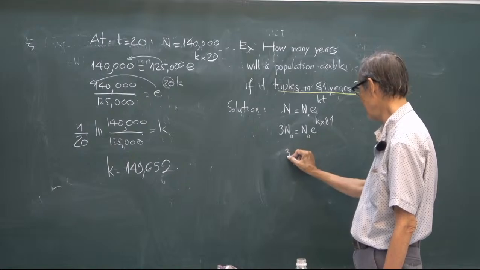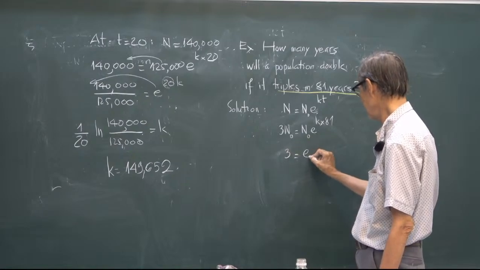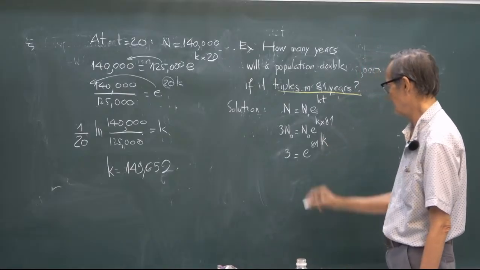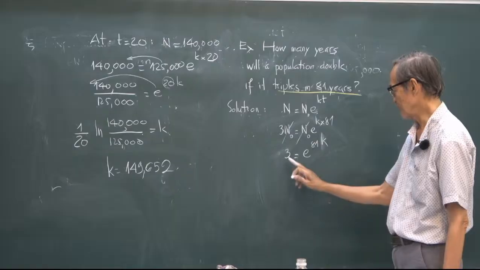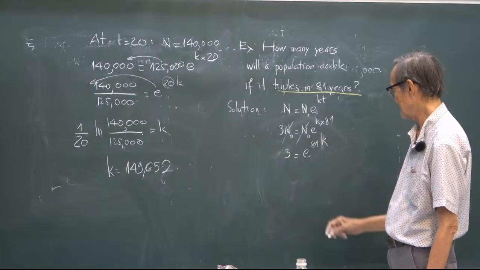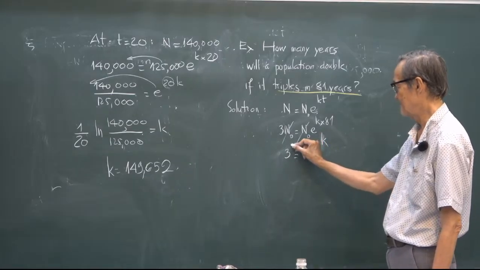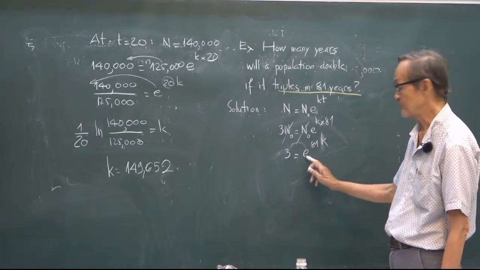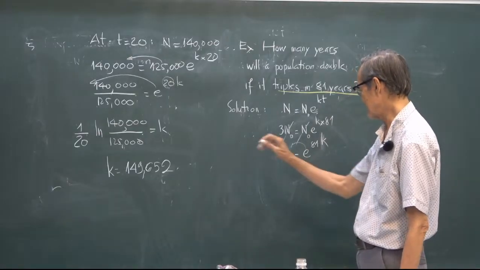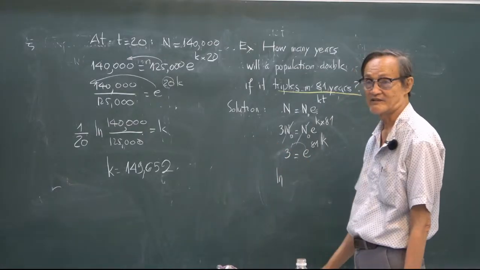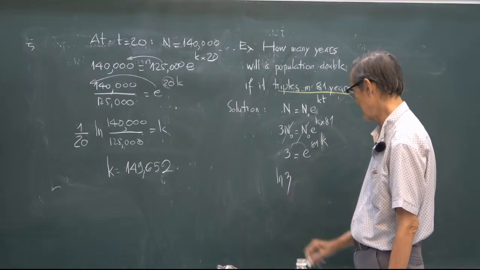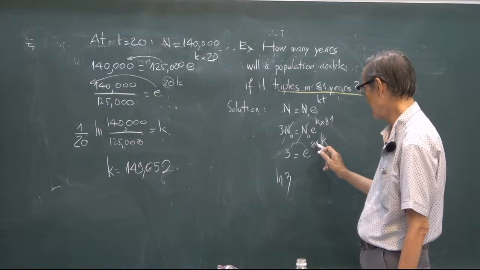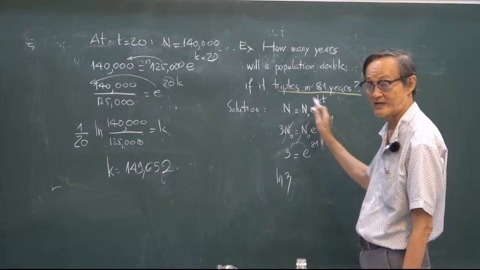Delete N0, rewrite, and move the exponential function with base e to the left hand side. We have natural log of 3, and move its factor multiplication to the left hand side.